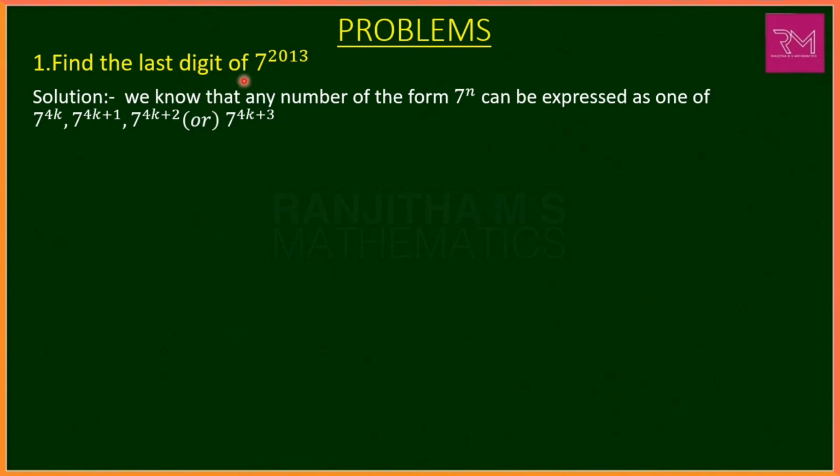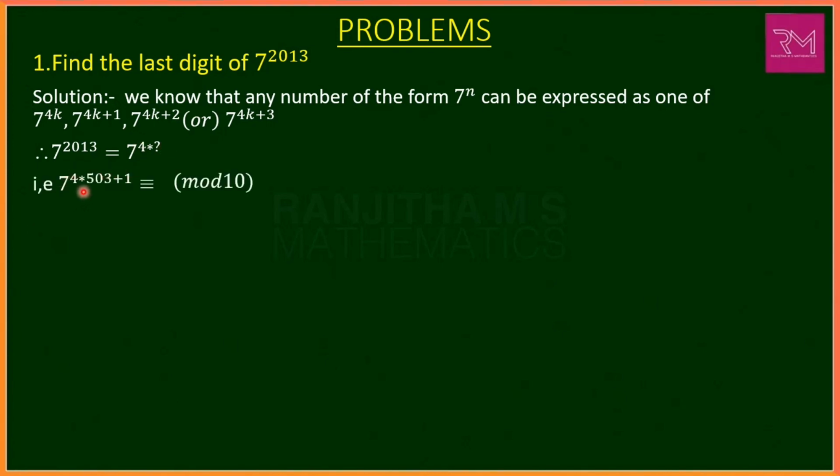Here in this problem we have to find the last digit of 7 power 2013. So we have to remember any number of the form 7 power n can be expressed in any one of these forms: 7 power 4k, 7 power 4k plus 1, 7 power 4k plus 2 or 7 power 4k plus 3. So we write 7 power 2013 in the form of 7 power 4 into some value, and then apply the congruence method.